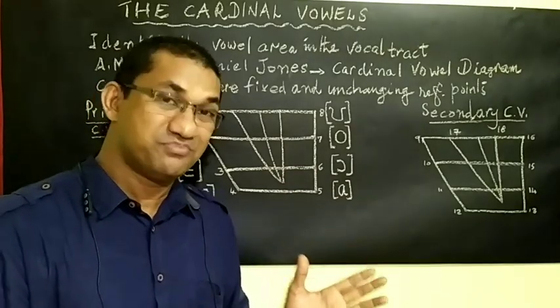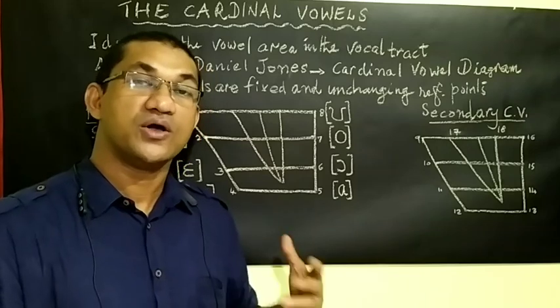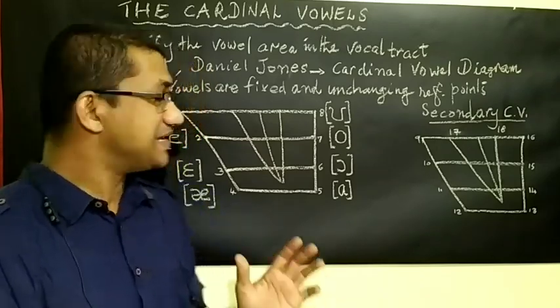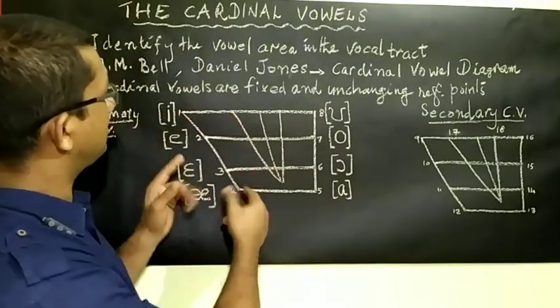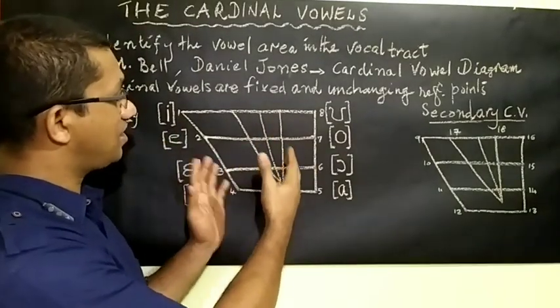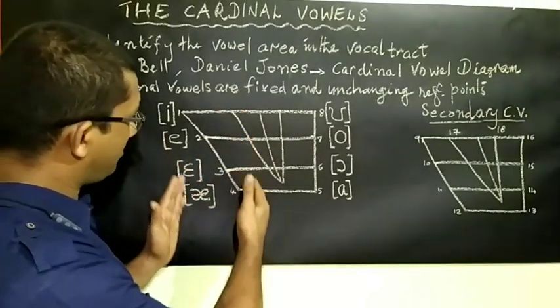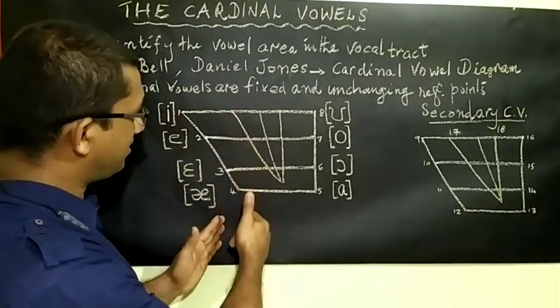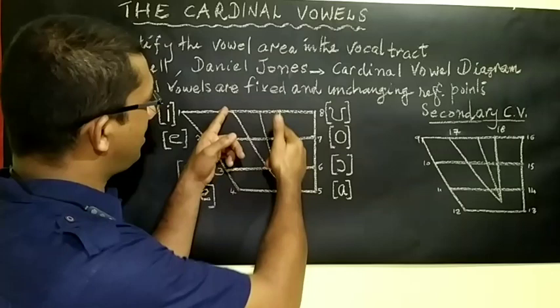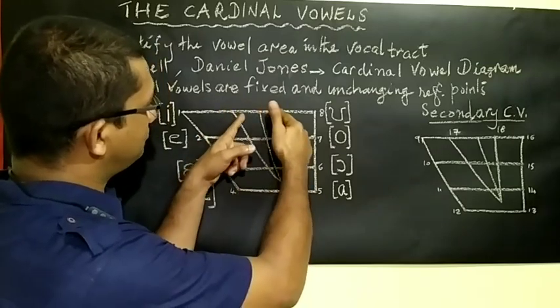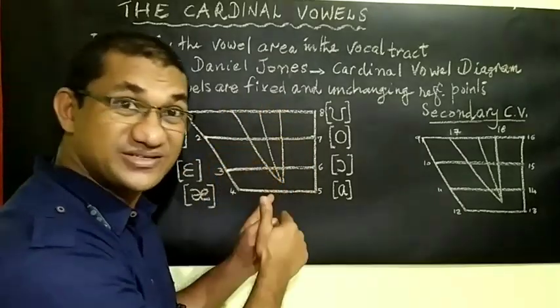That is the place of the tongue used to articulate the sound. Like we have the diagram here and we are dividing the diagram into three. This part is front, this part is back, and this particular area is the center.